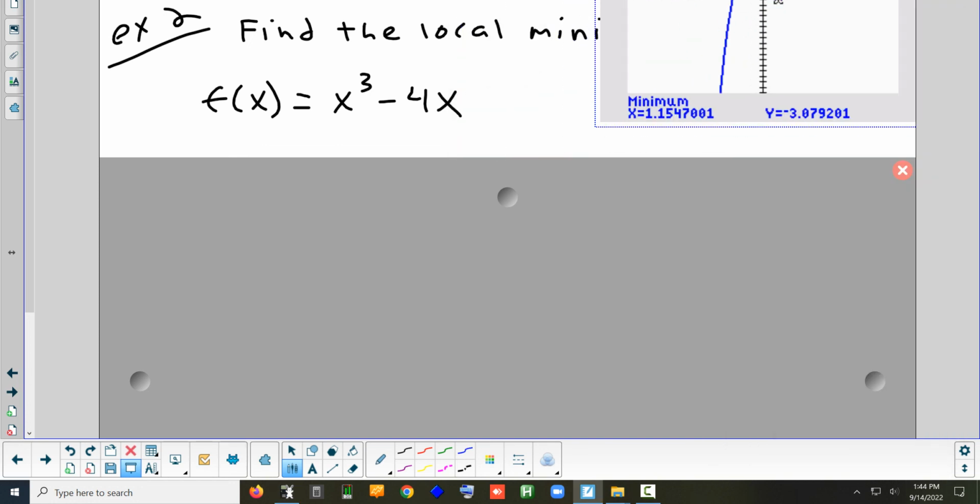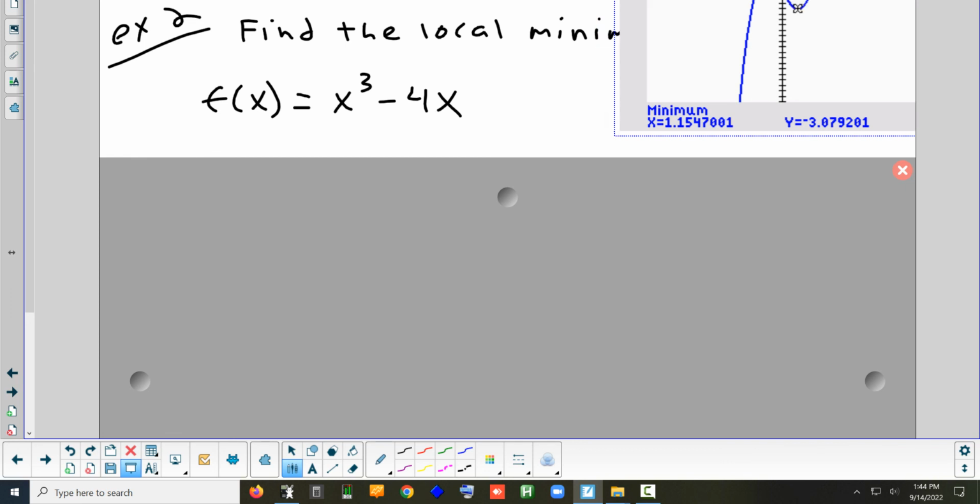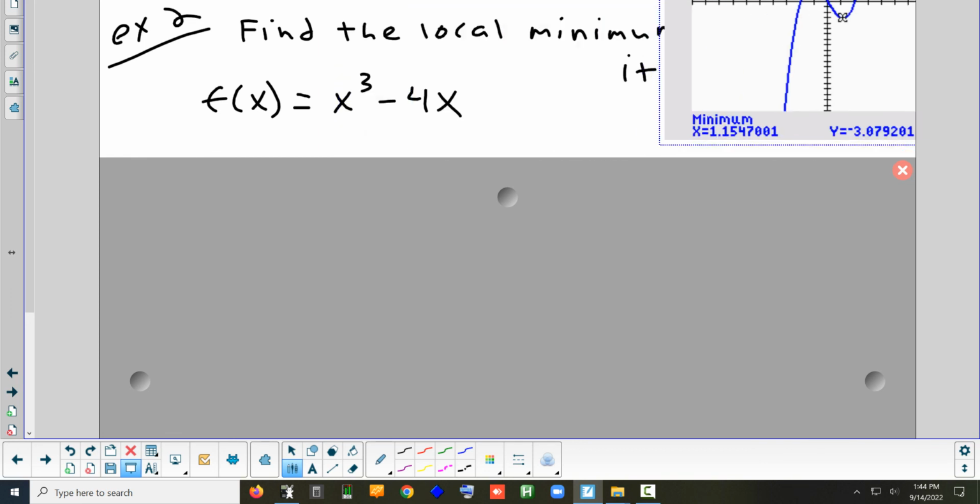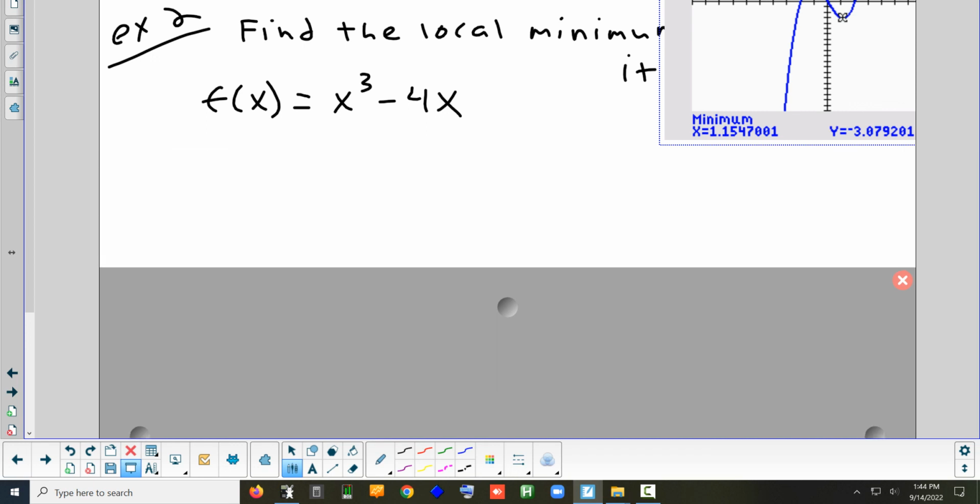What is the minimum? Christian? -3.08. So we have a local min at negative 3.08. Local min, I'm going to say it this way, local min of negative 3.08.